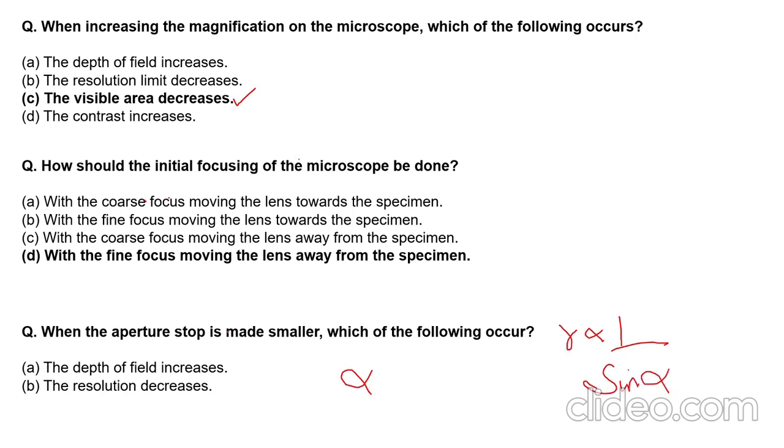And you also know the relationship between your depth of field and aperture angle, which is related to sine of alpha and tan of alpha. So if you decrease this alpha, what will happen to your resolution and depth of focus?